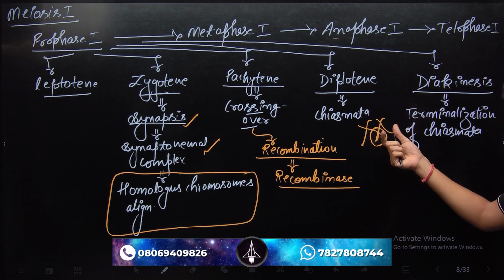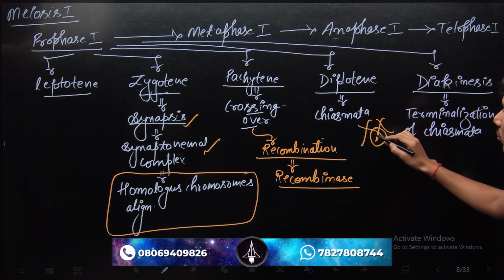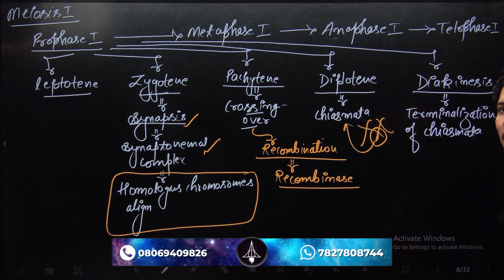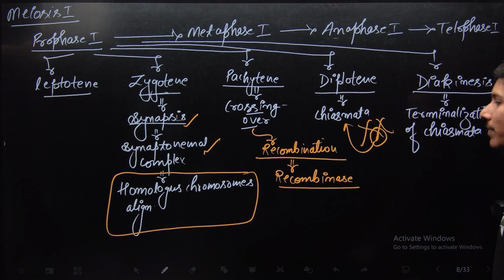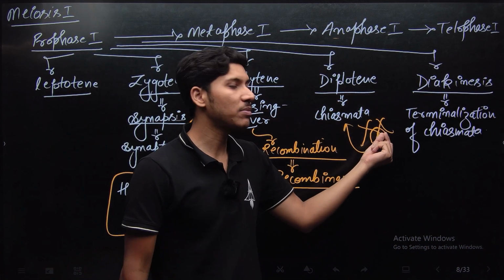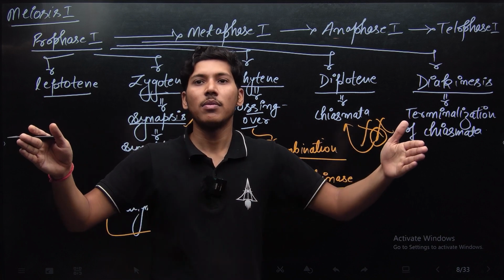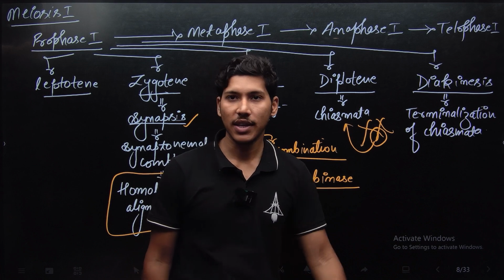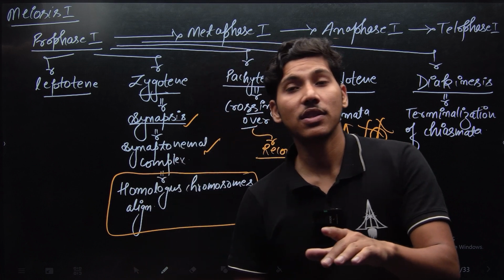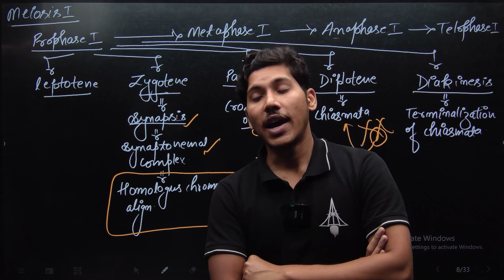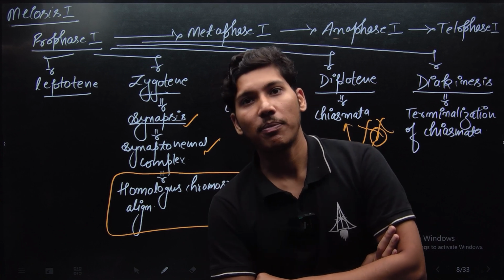Okay, they are very close to each other and the mutual exchange of genetic material is also seen, and this is known as chiasmata. And now at the end, in diakinesis, these chiasmata start to move away from each other, which is known as terminalization of chiasmata. Okay, this was prophase 1 of meiosis 1, which is very essential and very different from that of mitosis also.